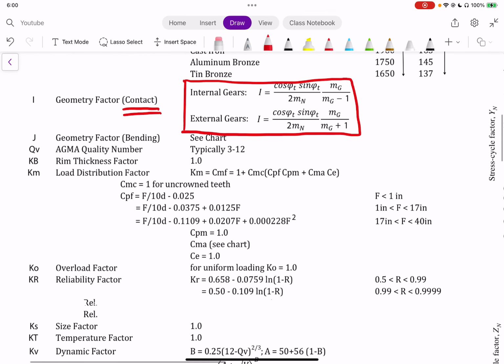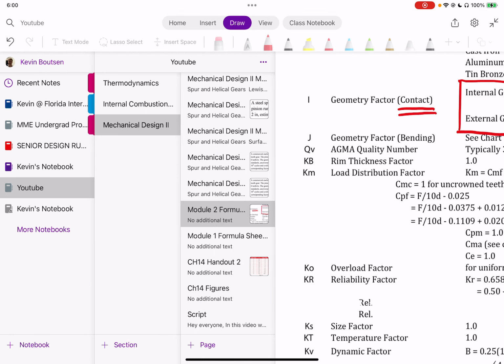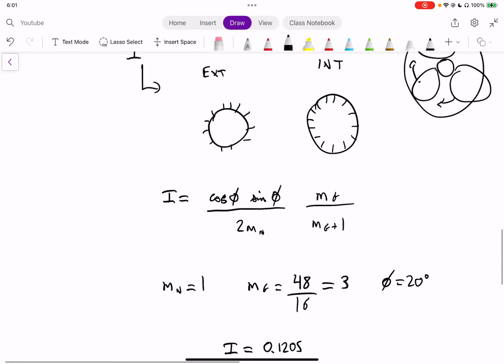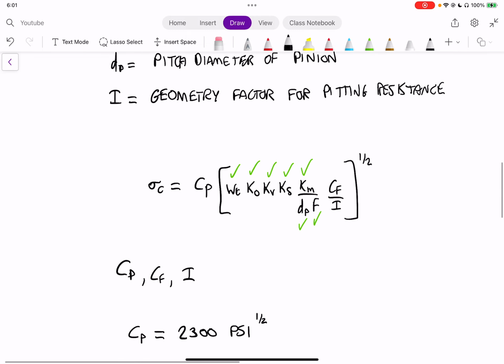Okay, so moving from there, we can now solve for sigma c of the pinion and sigma c of the gear. We need a specific one for gear and pinion because we have slight differences between the two. Now, we have a lot less differences than when we have our bending stress. If we look at our problem, the only difference comes from Ks.